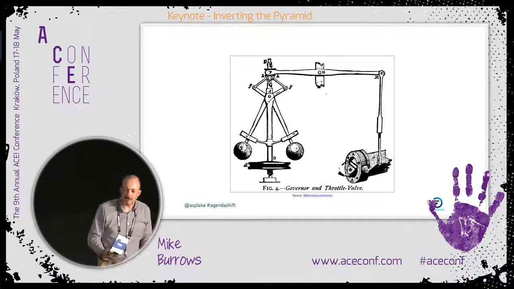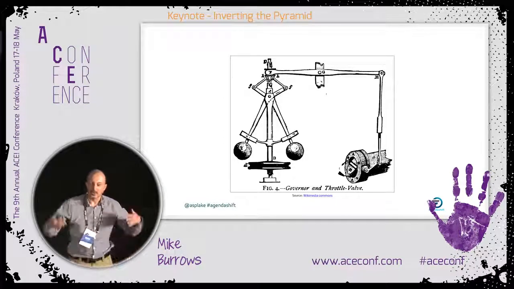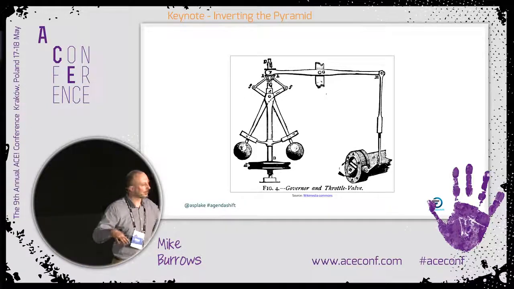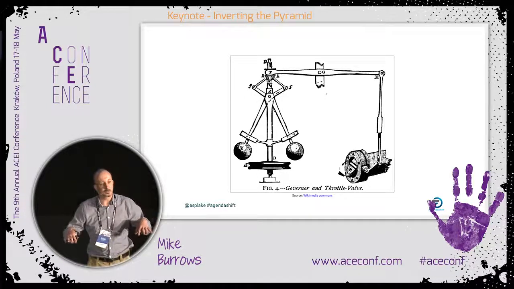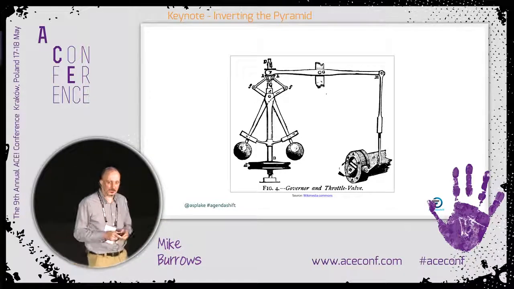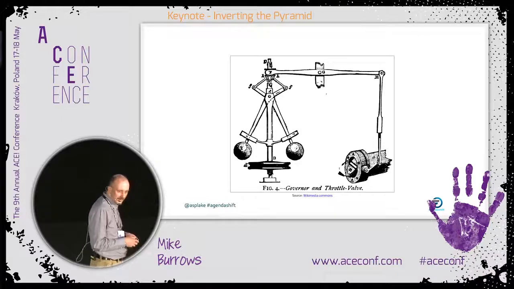That reduces the amount of steam going through the system, and the thing slows down. Eventually, it finds an equilibrium where things are going at a stable speed. That's how we regulate, how we govern, the steam engine. Next example.